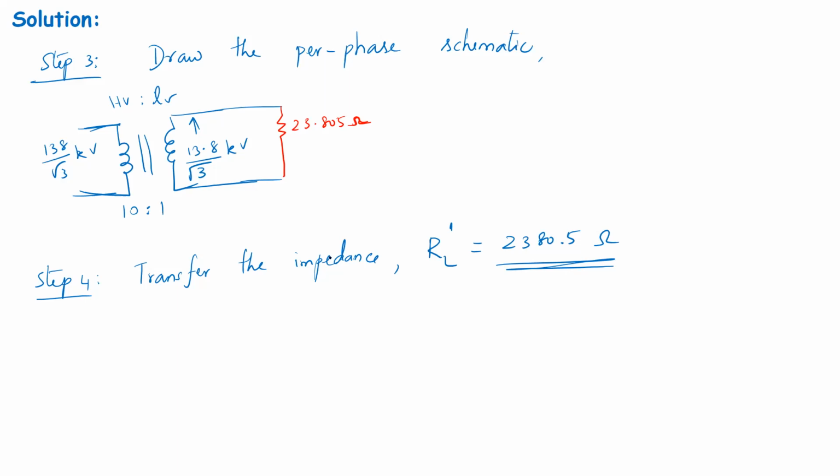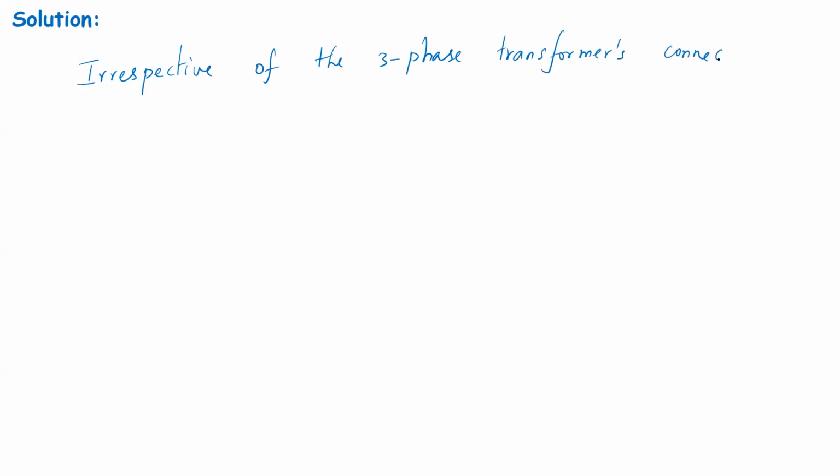Okay. So what we can conclude from this example problem is that irrespective of the three-phase transformer's connection type, the turns ratio remains the same.